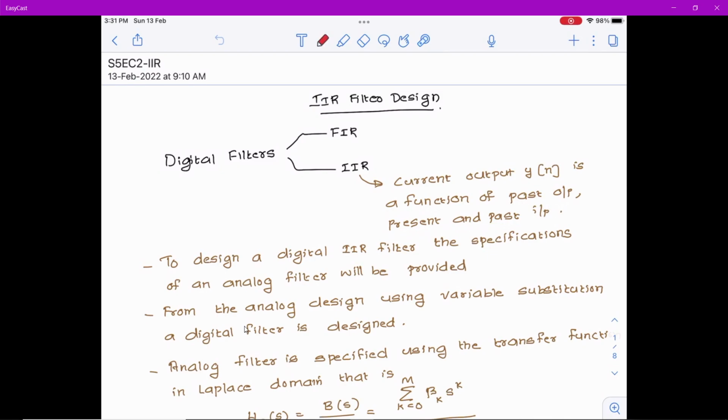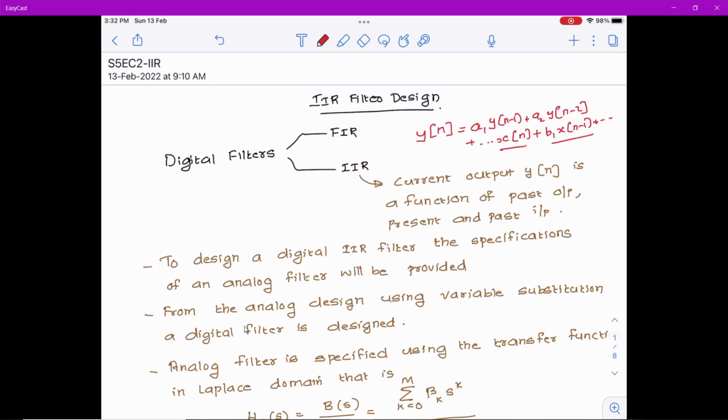If you write the difference equation of an IIR filter, you can write y of n as the sum of a1 y of n minus 1 plus a2 y of n minus 2, which means it depends on the past output, plus x of n plus the sum of b1 x of n minus 1 and so on, which is the present and the past input. So that is an IIR filter.